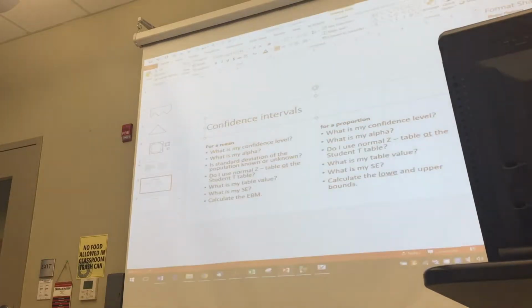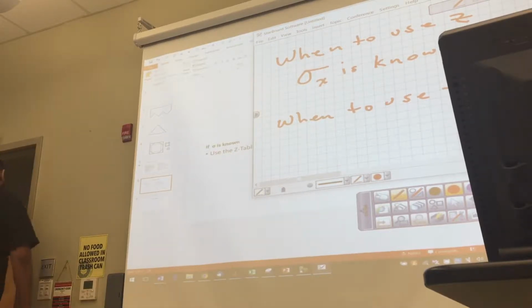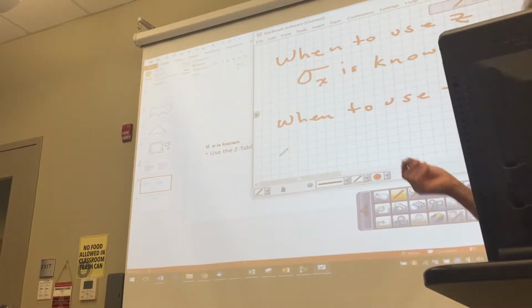Now, what we tend to remember is, when do we use a Z table? If the standard deviation of X is known, or if we have a really big N. What is big? For this case, over 100.